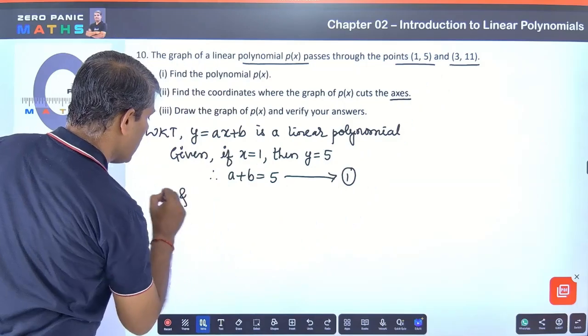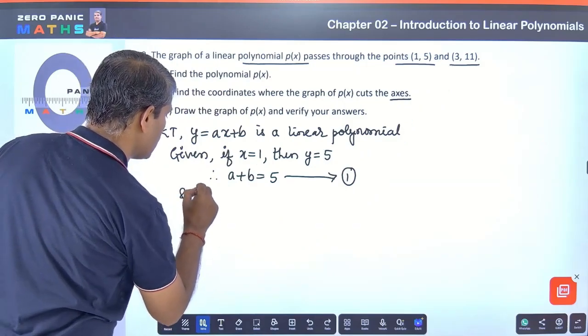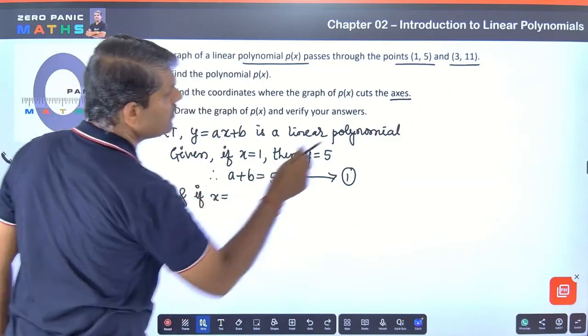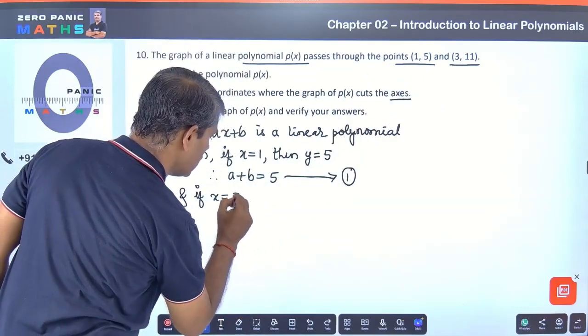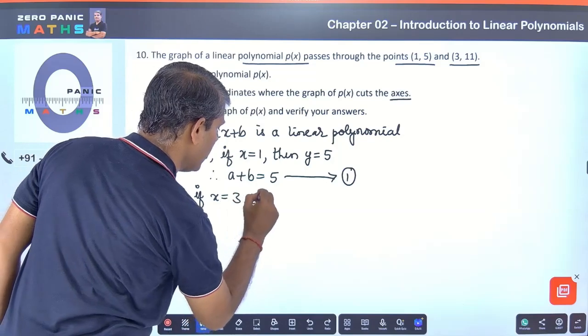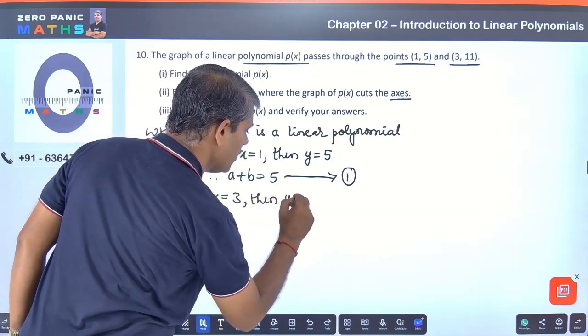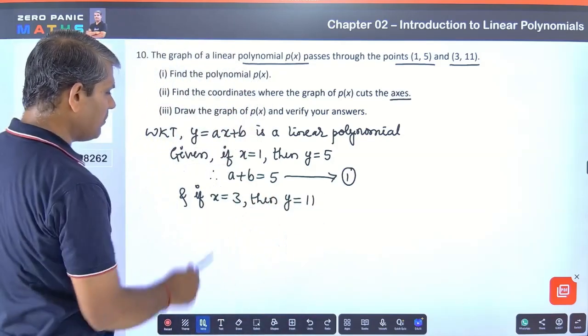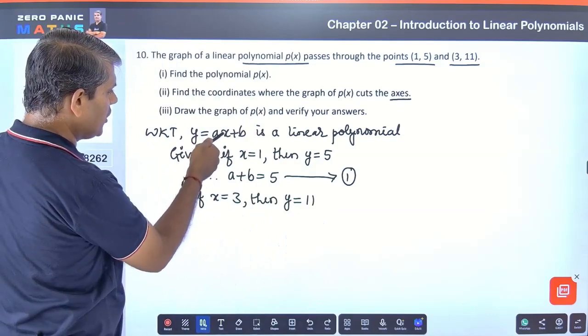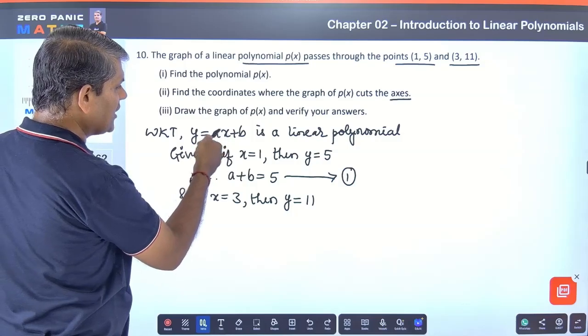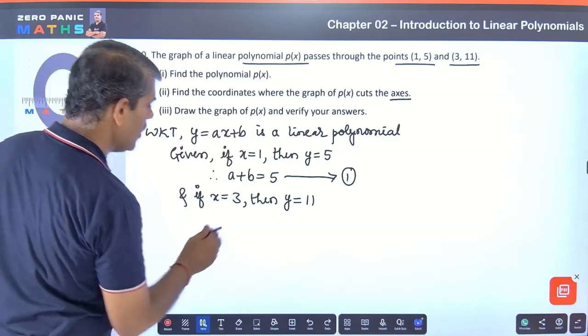Now, if x is equal to 3, then y is equal to 11. So if you substitute here, it is 3a plus b is equal to 11.